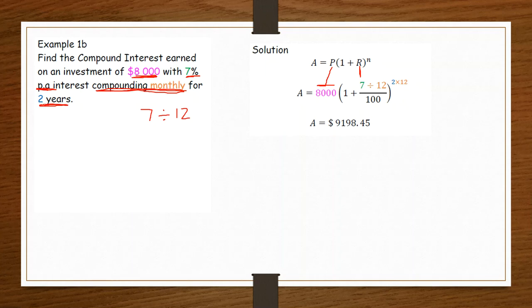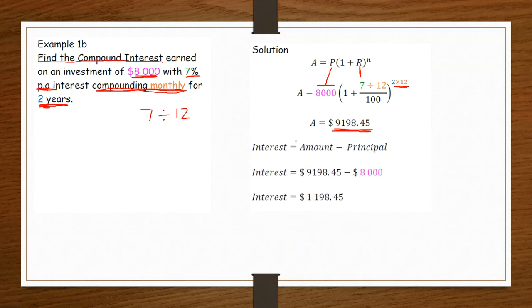And then we've got 2 years, but we need to have this in months as well. So we go 2 times 12, which gives us this amount. And we're finding the compound interest. So we find the difference between these two numbers.